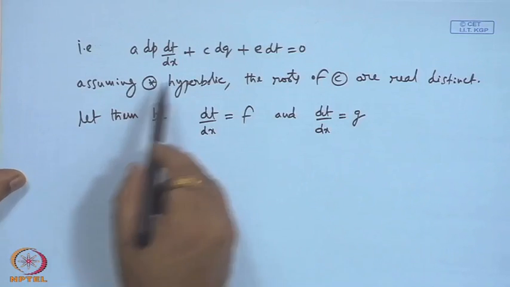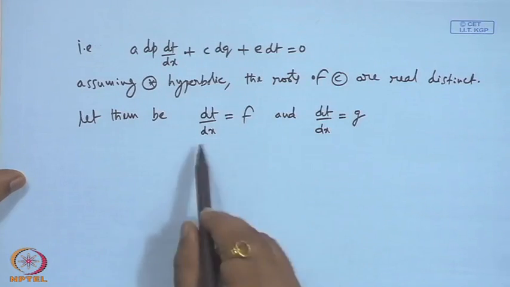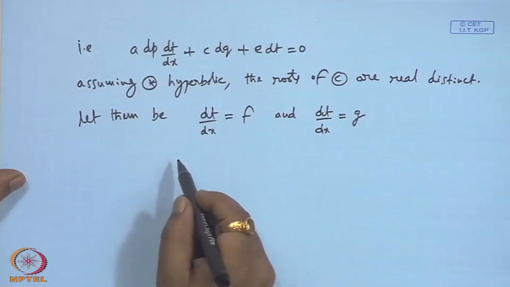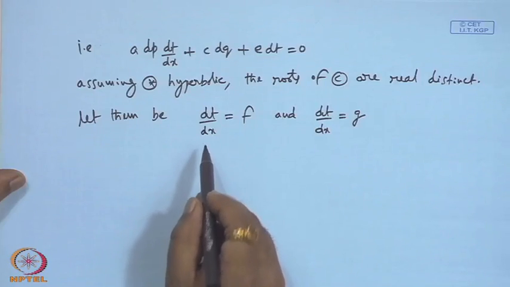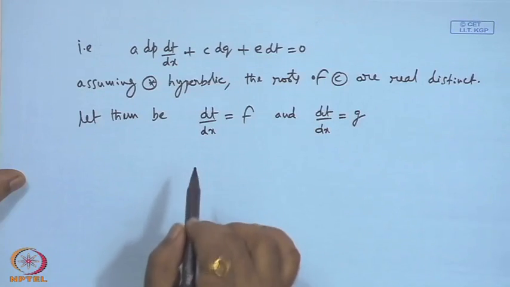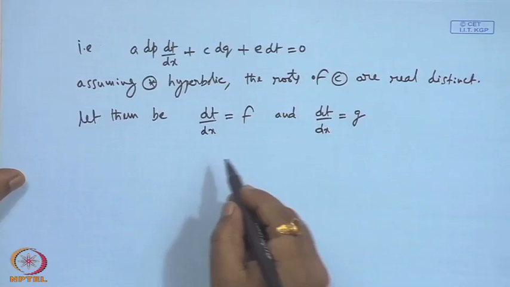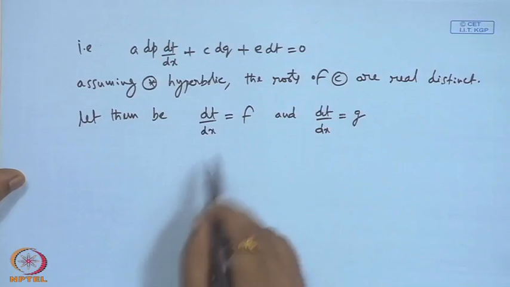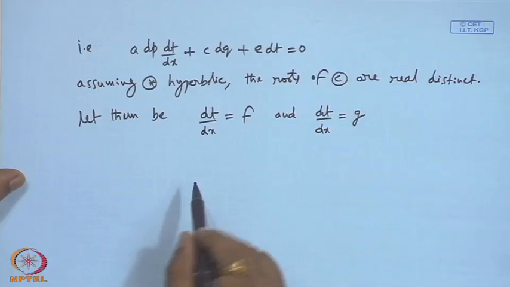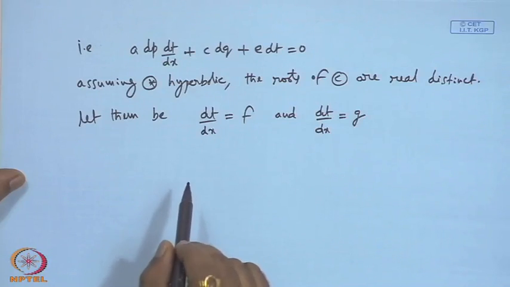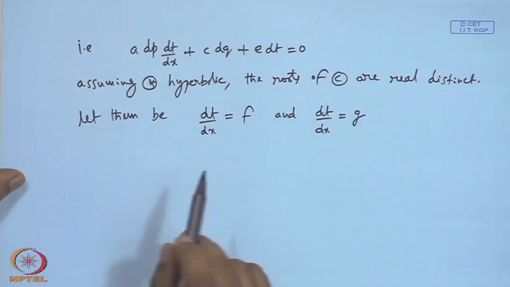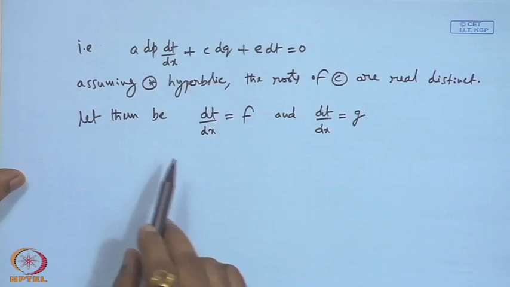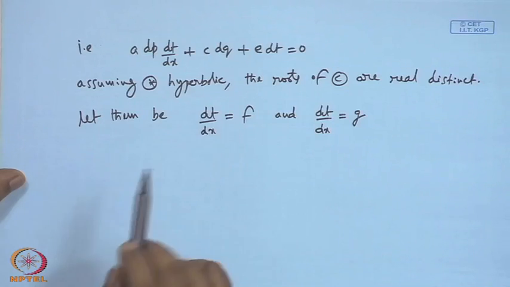Suppose we take, so what is the idea? We would like to make use of these characteristics and solve for the value, because these characteristics are spread over the entire solution domain. So, now instead of making use of the grid by discretizing the domain, we would like to compute the solution along these characteristics.